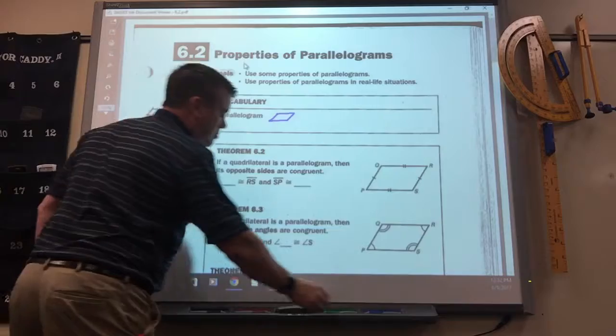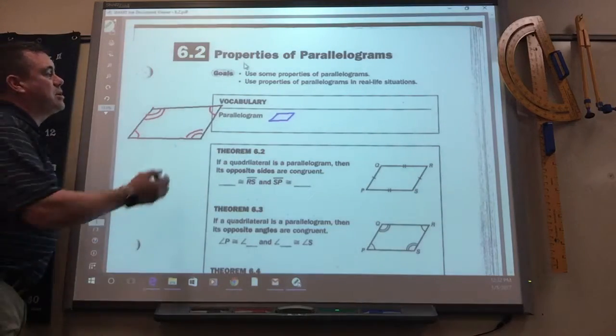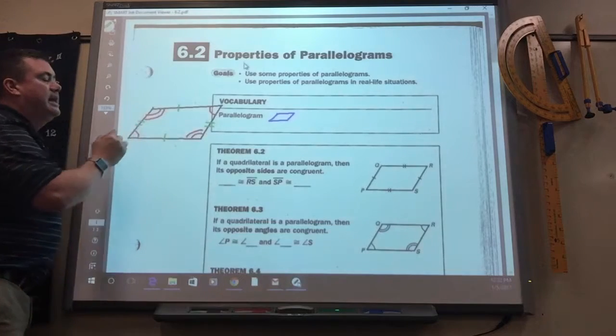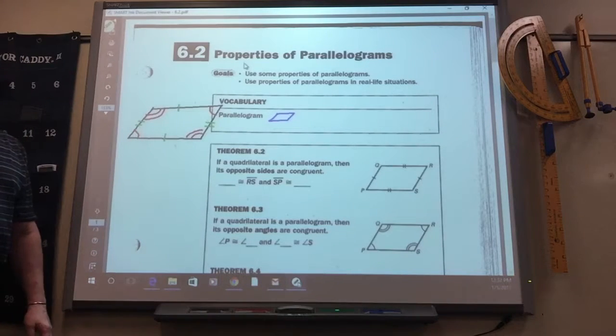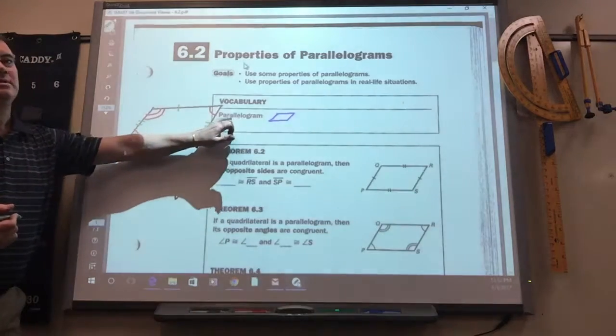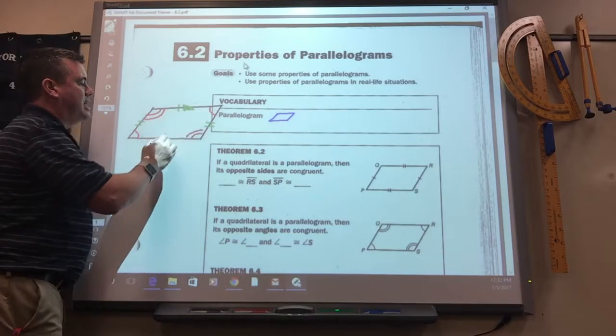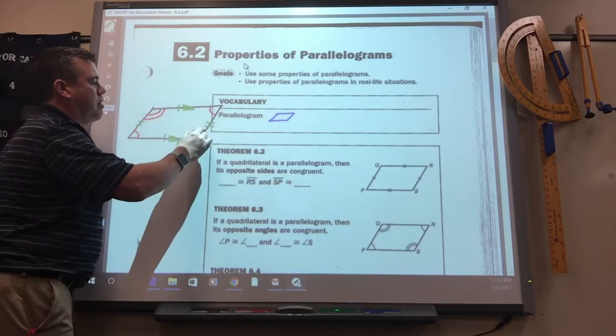Then opposite sides are congruent. And obviously they're not just congruent, they're what? Parallel. So remember, that's the arrows to show that it's parallel.